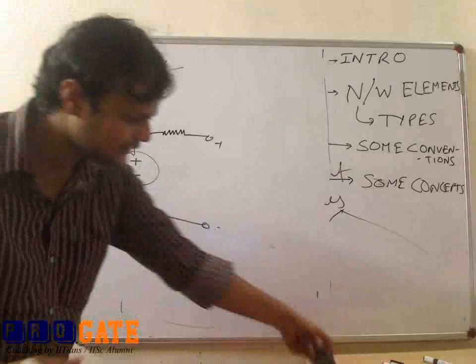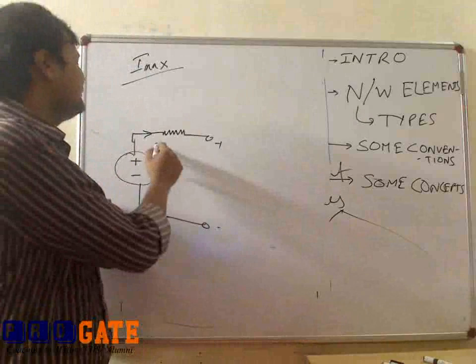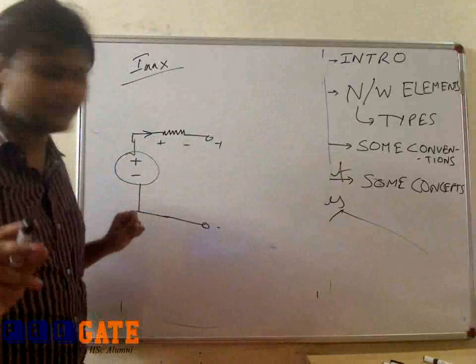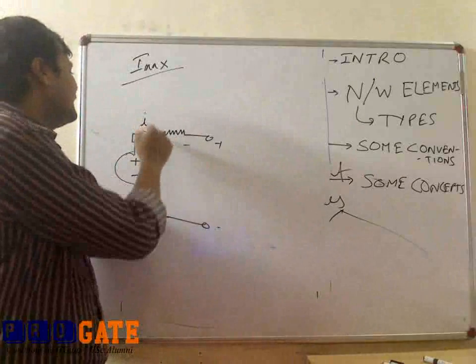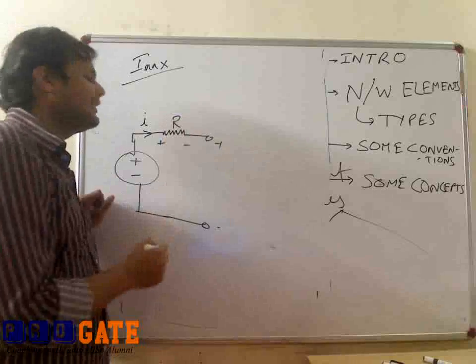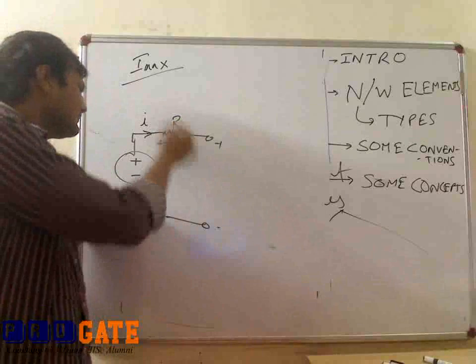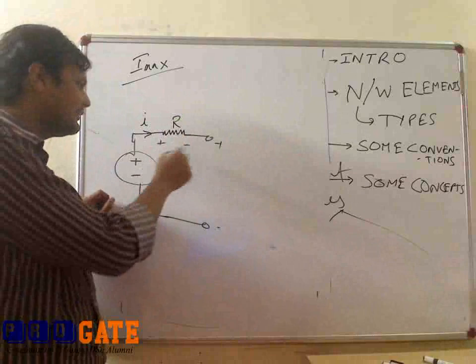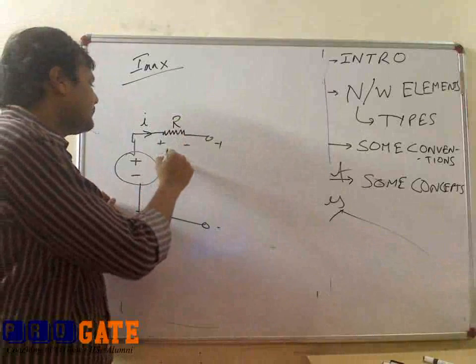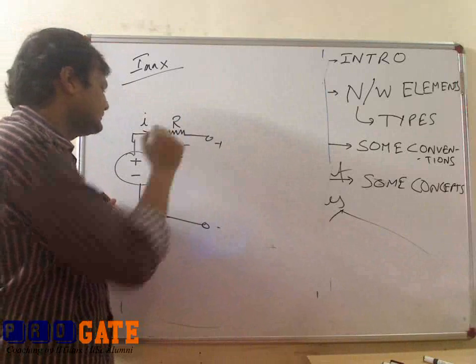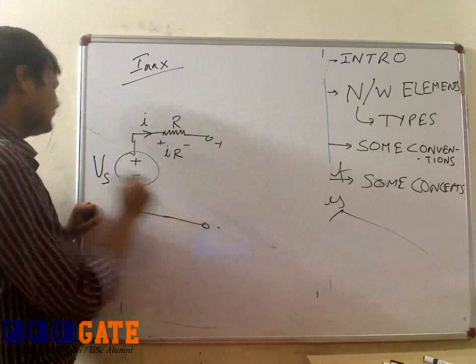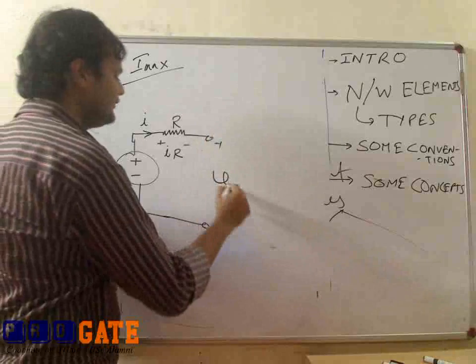If the voltage drops, what does it mean? That there should be a series resistor across which some voltage is dropping. If there is a current I and this is a resistance R, which can be said to be an internal resistance R, there is a voltage drop I into R, and these are the terminal voltage V.